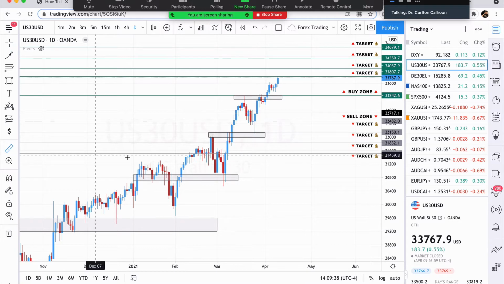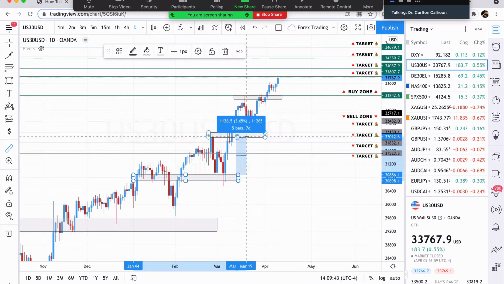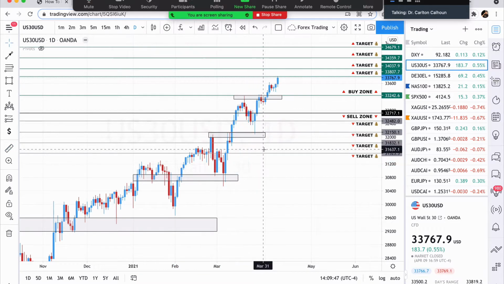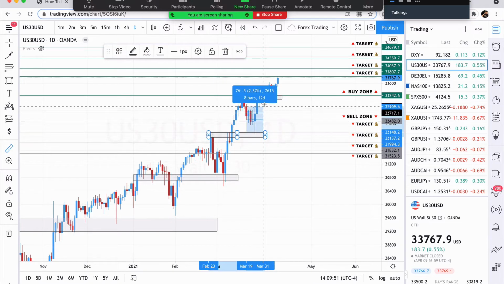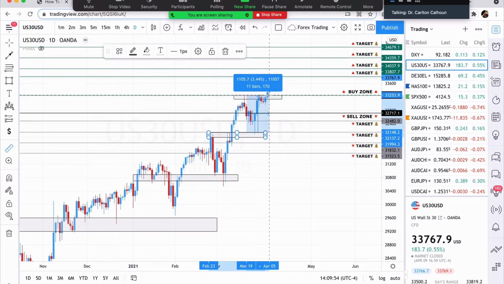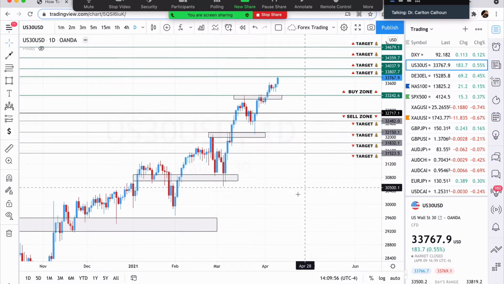Take that same ruler, we do that again. Look at that, it's around 1,200 pips. We take that same ruler, we do that again. Look at that, it's around 1,100 pips.